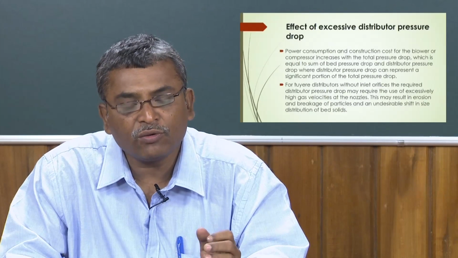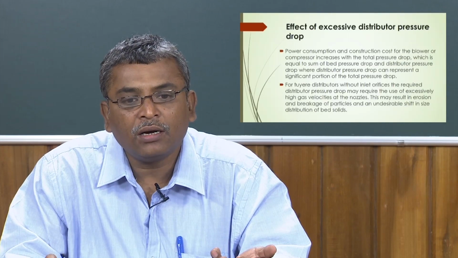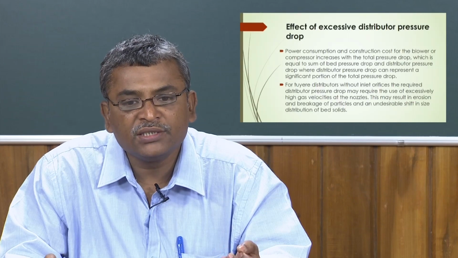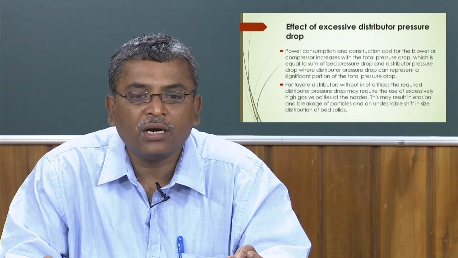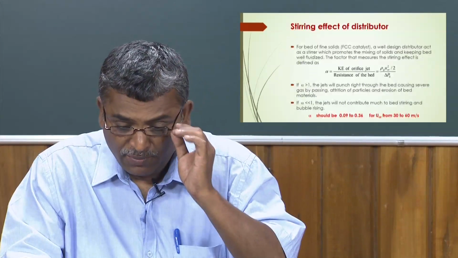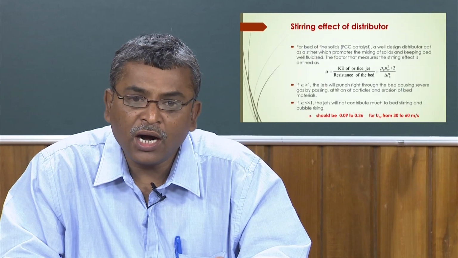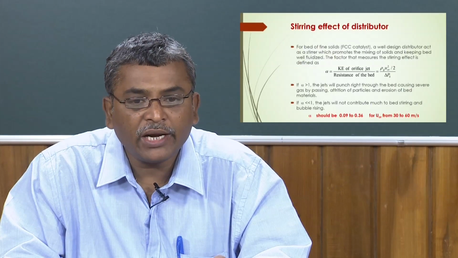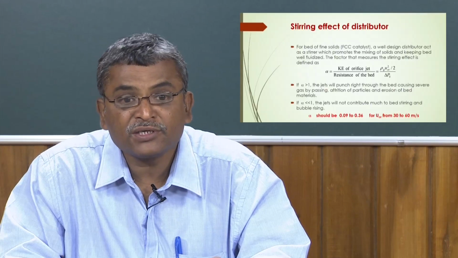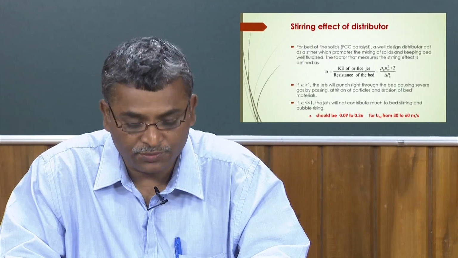This may result in erosion and breakage of particles and an undesirable shift in the size distribution of bed solids. An important factor is how the phases mix inside the bed, which also depends on the distribution of the phases through the distributor.